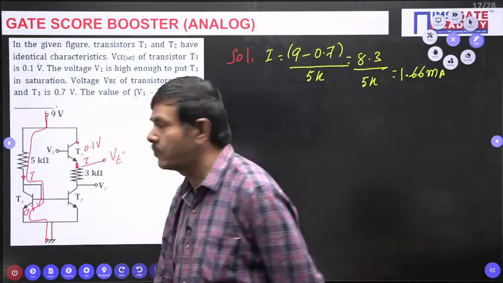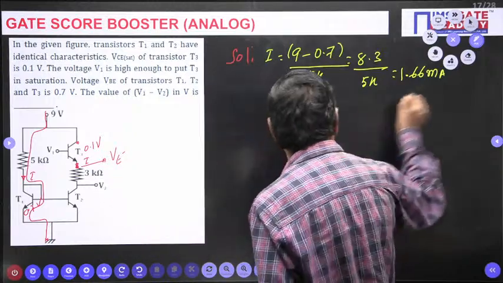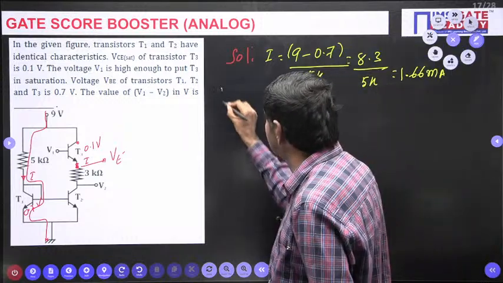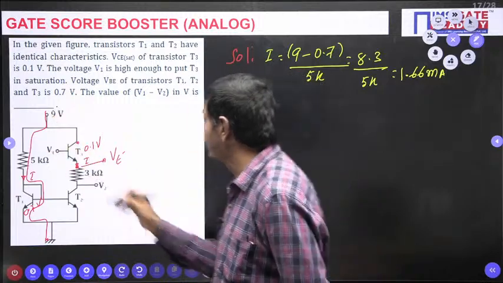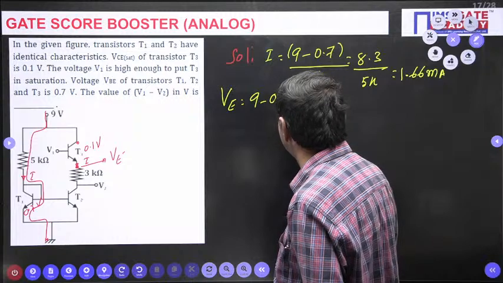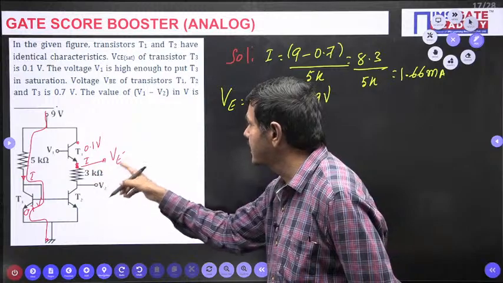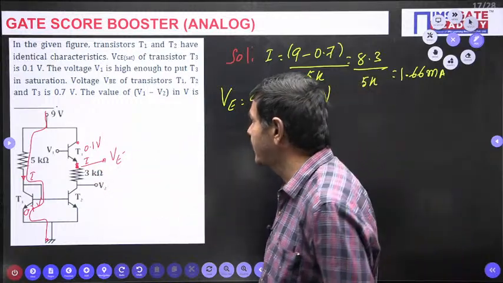So the emitter voltage VE is 9 minus 0.1, which becomes 8.9 volts. That much voltage I am getting here.